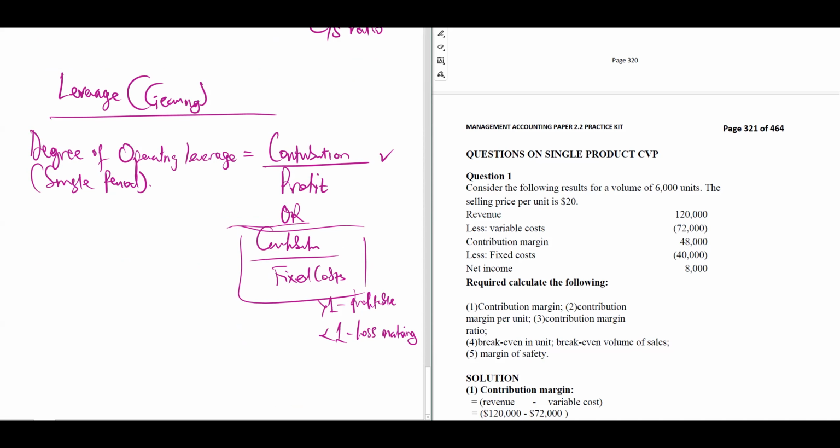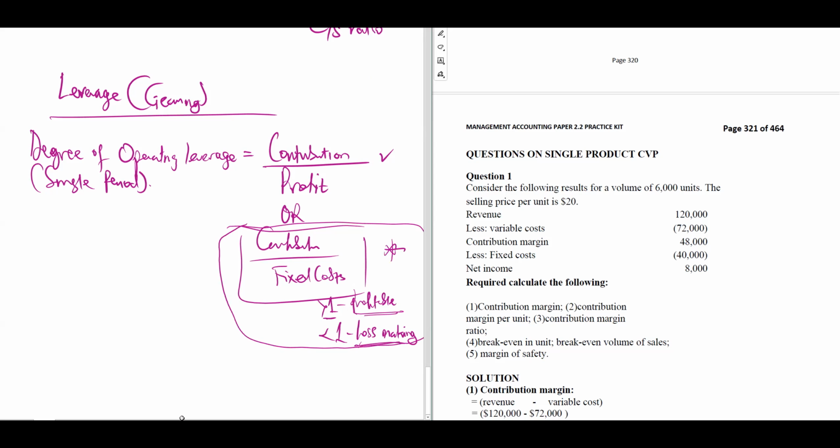But when you go with this one, you can easily see whether a product is loss-making or profit-making. Because if your contribution is more than your fixed cost, that means it's greater than 1, you are going to make profits. But if your contribution is less than your fixed cost, you are going to make a loss. This is what this implies. And you can even do fixed cost over variable cost or variable cost over fixed cost. It is operating leverage.